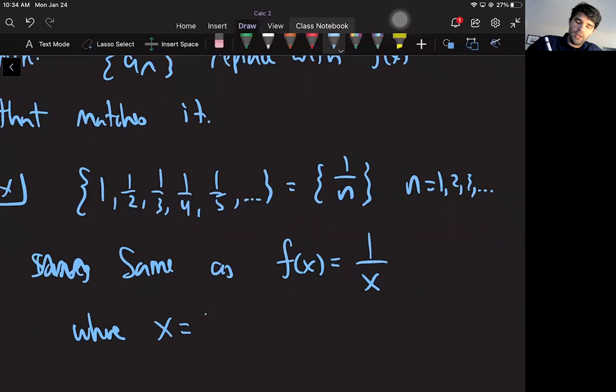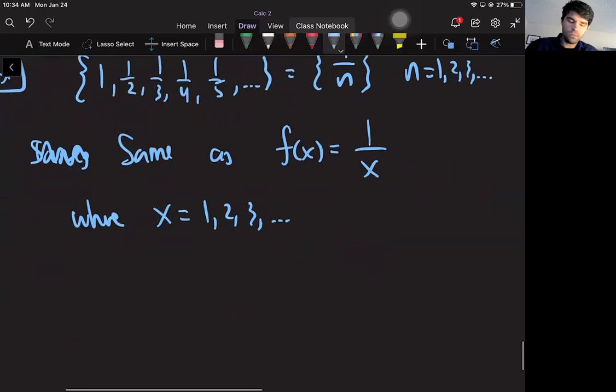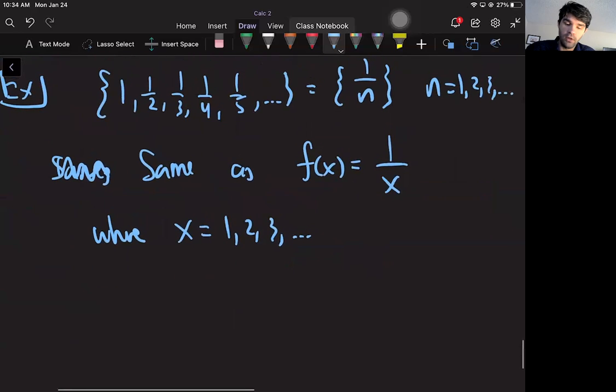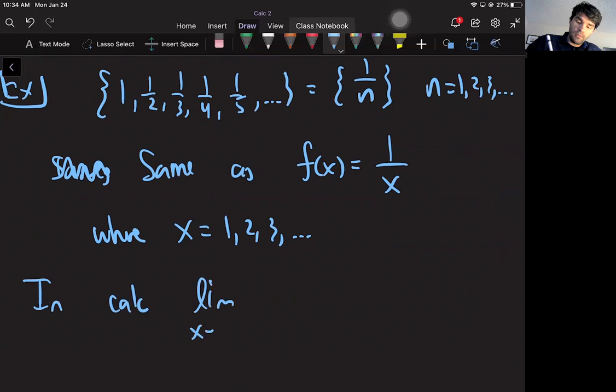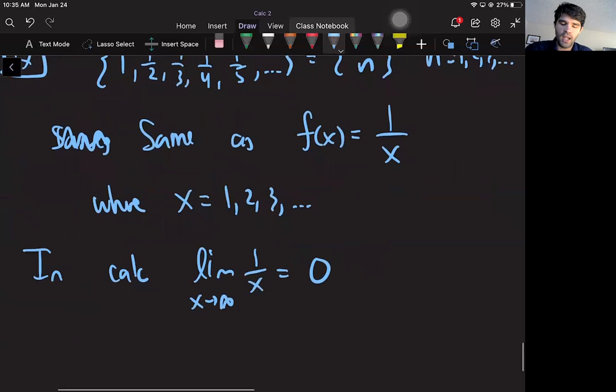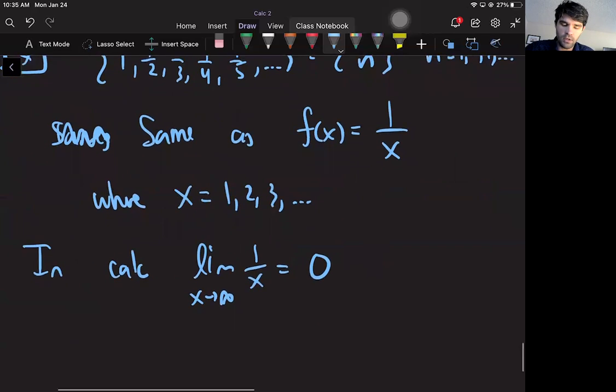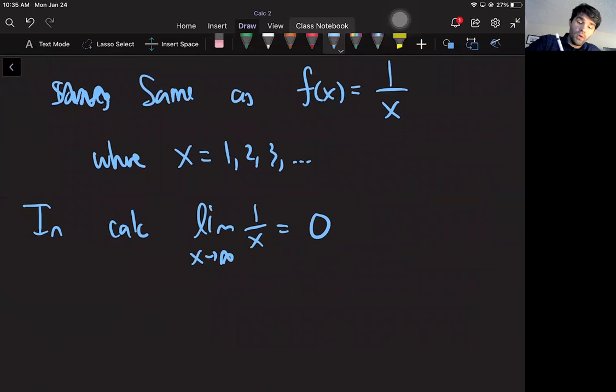So when you're only plugging in these numbers, they're exactly the same thing. But in calculus, we learned how to take limits of things like this. So in calc, you could do this. And you learn that it's 0 because the bottom grows forever, making a very tiny fraction shrinking towards 0. So in Calc 1, you just do that and you're done, and that's the limit.